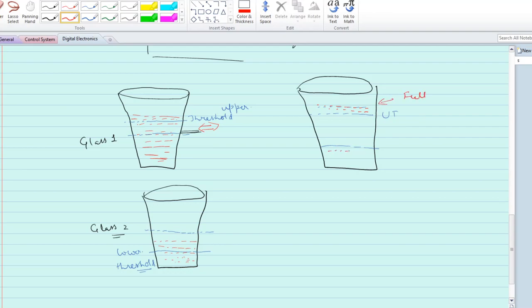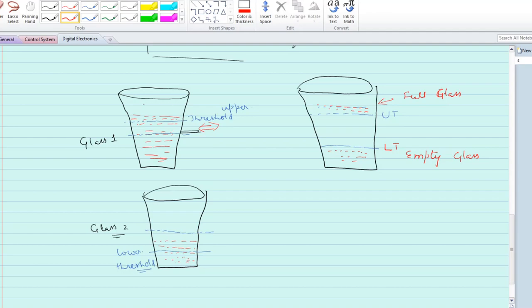And if it contains less than the lower threshold limit, then it comes under the category of empty glass. Okay, this is your full glass, this is your empty glass.